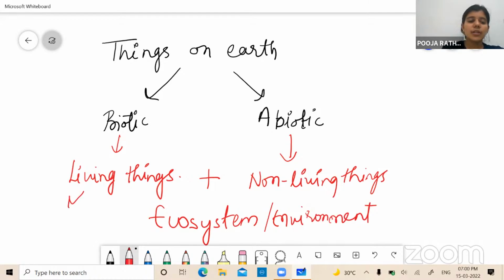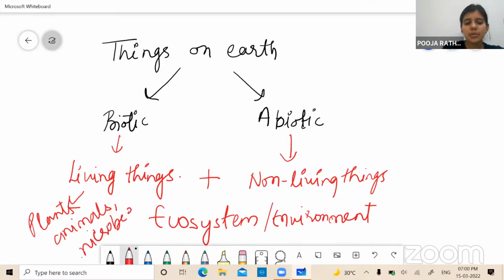Living things can be plants, animals, microbes, anything. And non-living things can be anything like water, air, soil, land, mountains. They combine to form an ecosystem or environment.